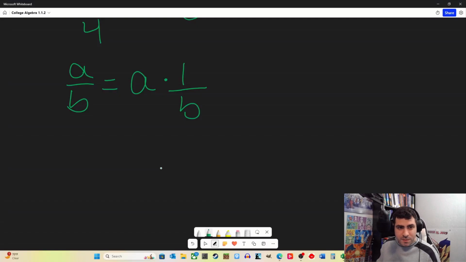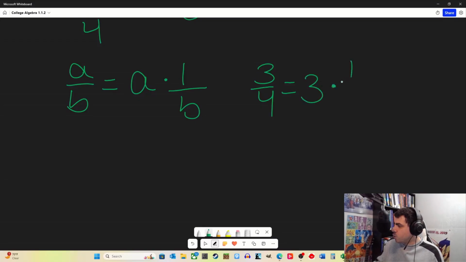So the whole number divided by the inverse of a number is the same as saying a rational number. So when we had 3 divided by 4, that is the same thing as saying 3 times 1 over 4.